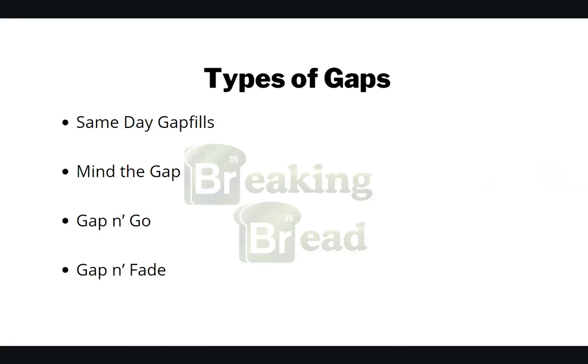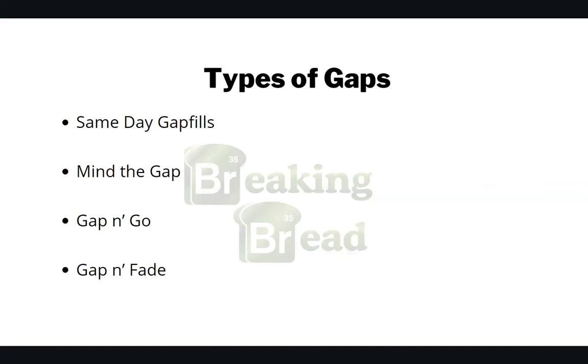All right, so the types of gaps we talked about: the same day gap fills, minding the gap, your gap and goes, and your gap and fades. Your same day gap fills, these are gaps created after market or pre-market, and they are filled the same day when the next session opens. You mind the gap, these are gaps that were created previously in the market, and now price is approaching to possibly fill the gap, or we're going to treat it as a level of support or resistance.